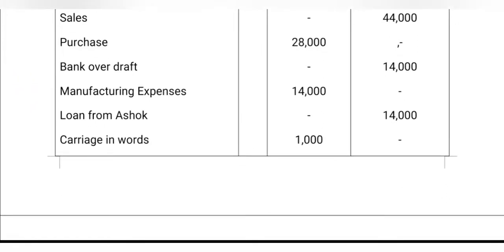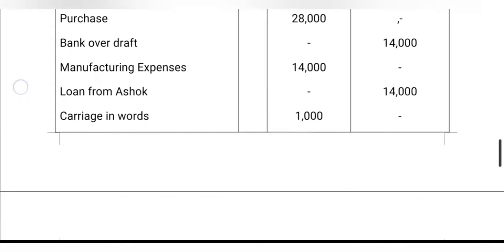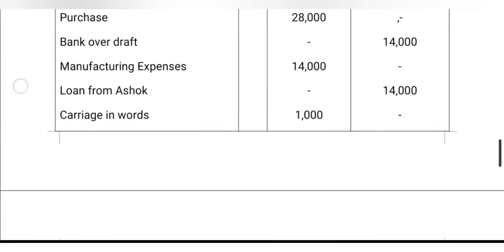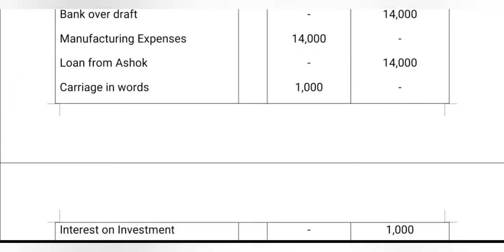Sales are also by default on the credit side of the trial balance. Then purchase is by default on the debit side. Why? Because we debit purchase, that's the reason we take it as the debit side. Bank overdraft is a liability. It is the credit side.